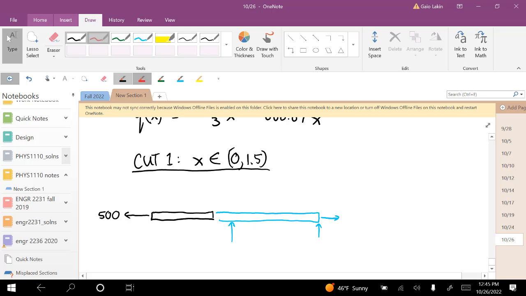And now here is the thing that's going to be kind of a pain. Look at this distributed load.